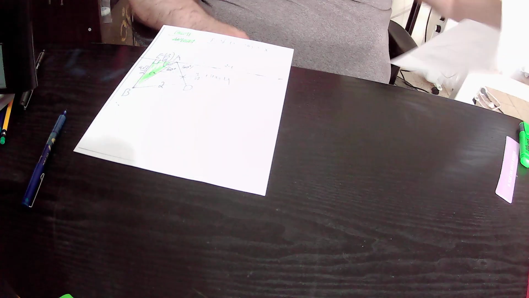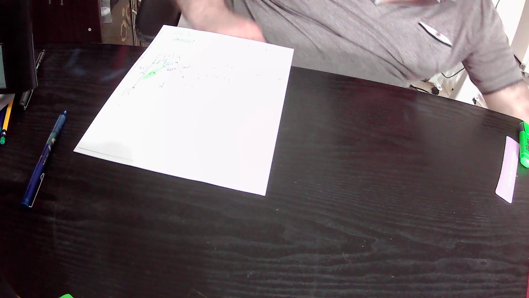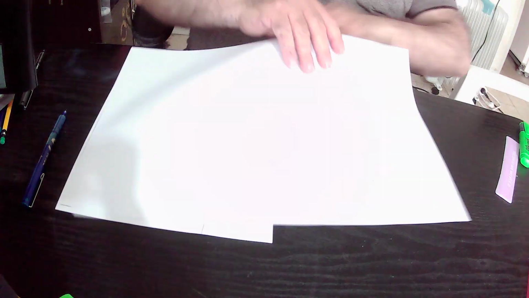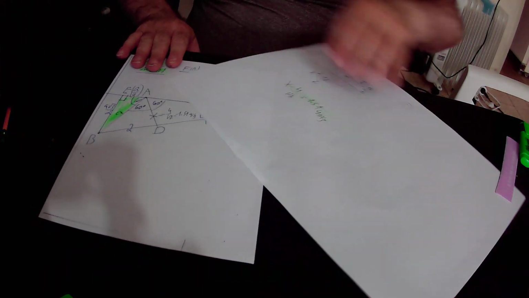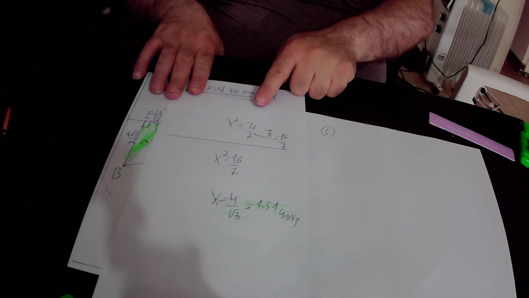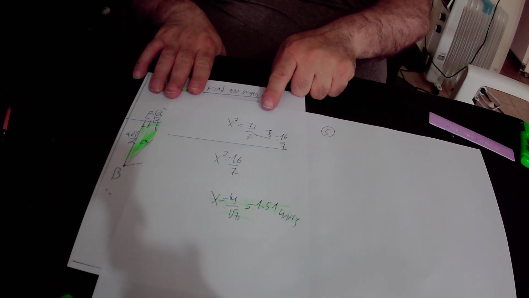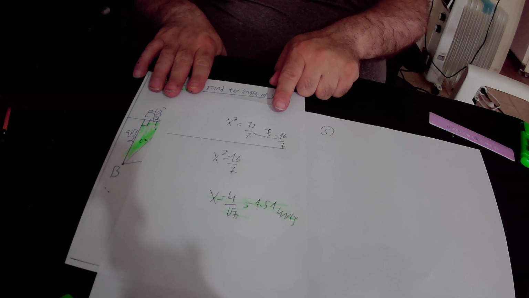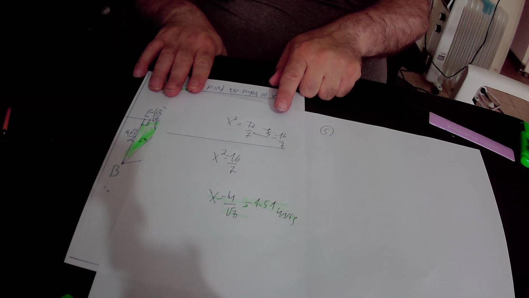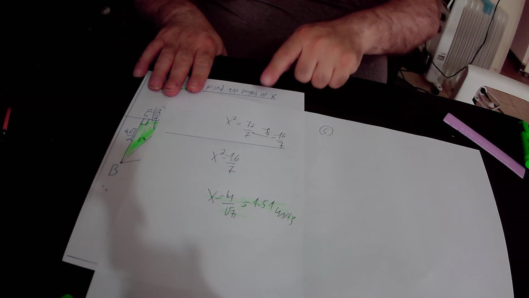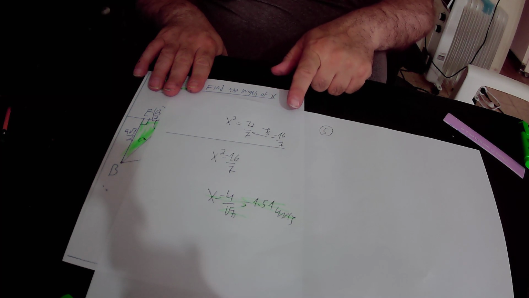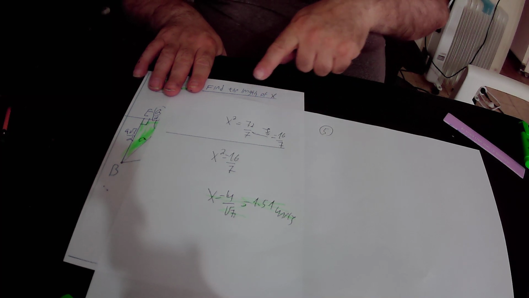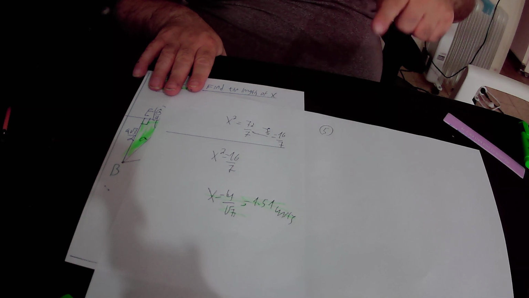And we got that x squared equals 72 minus 8 times 7, which is 56, over 7. 72 minus 56 is 16, so we found that x squared equals 16 over 7.